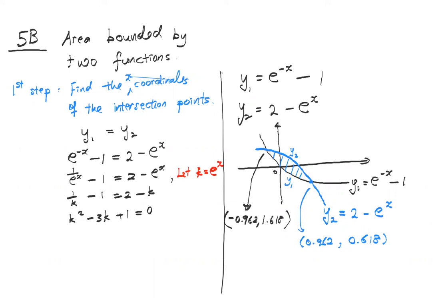So when you talk about area bounded by two curves, usually we will sketch the curve first. We find the intersection point from the graphic calculator. So then only we find the area bounded by the two curves. How do we do it? We will integrate from the lower to the upper.